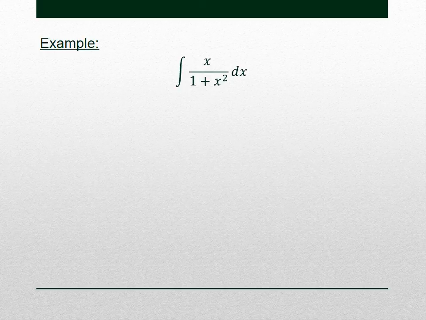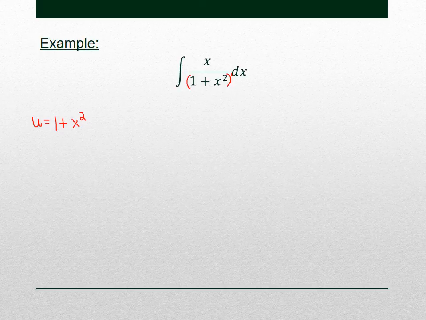It's just something and there's no power there, so that power is like a 1 hiding there. However you want to think about that. Since it's a rational function, a quotient, something divided by something else, and the thing in the bottom is not all raised to a single power, we have a power with an x squared, but not the whole thing squared. So in this case, we want to let u be that entire denominator, 1 plus x squared.